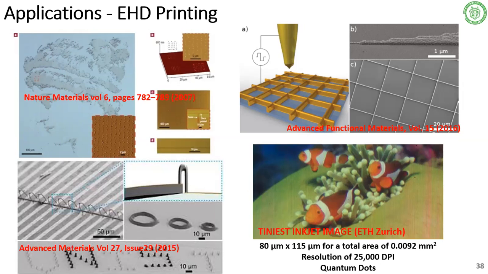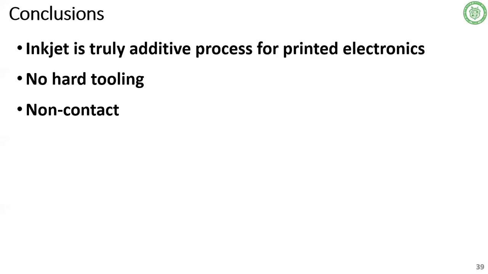So now, if I conclude, inkjet printing is a truly additive process because it's a flexible process for printed electronics, and you can print multiple devices. No hard tooling required. For example, in the case of gravure printing or screen printing, you need to have a screen or gravure roll on which you have hard tooling, meaning you don't have any flexibility.